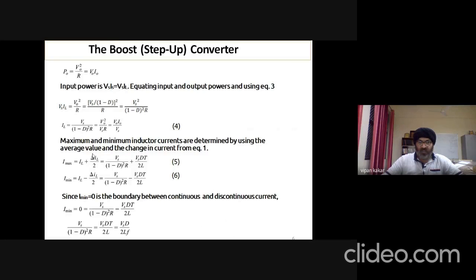So from equation 1 we get this delta IL, and from equation 4 we get IL. So adding them both, we get equation 5. That will be the value of I maximum, the maximum coil current or maximum inductor current. Now for the minimum value, we need to subtract these two, and we get equation 6. Same as we did in the buck converter's case to find the maximum value and the minimum value of coil current.